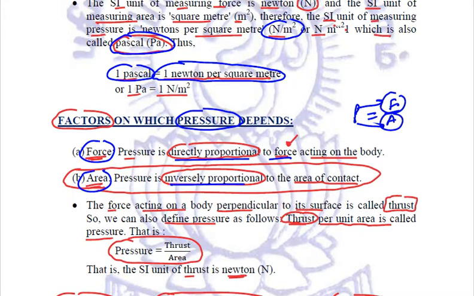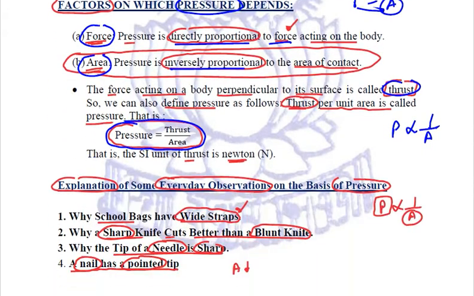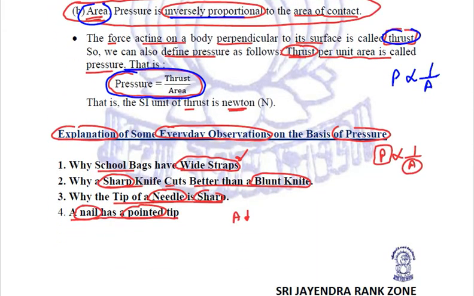And a force which is perpendicular is called thrust. So pressure can also be defined as thrust upon area.